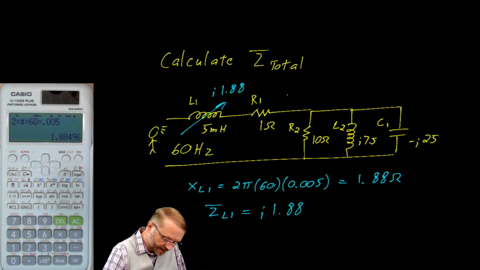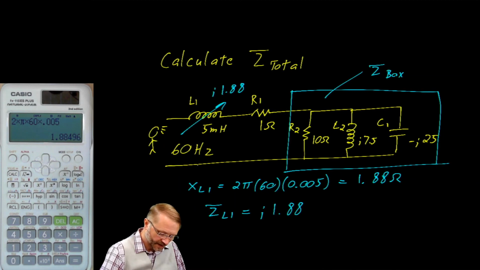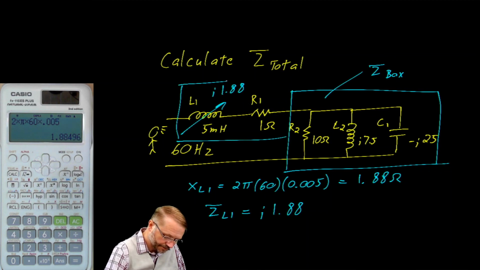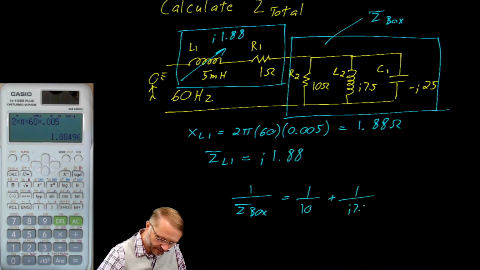And from there, the problem's relatively straightforward. We need to calculate this piece here. We'll call that the impedance of the box. And we need to add that to this piece here. 1 over the impedance of the box is 1 over 10 plus 1 over J 7.5 plus 1 over negative J 25.